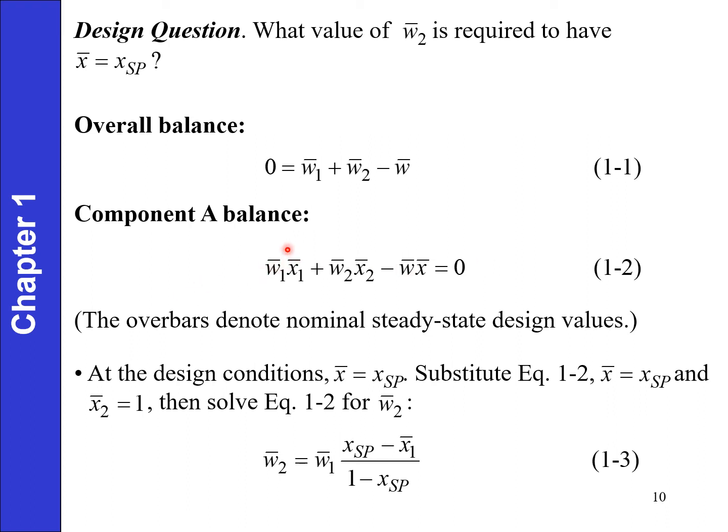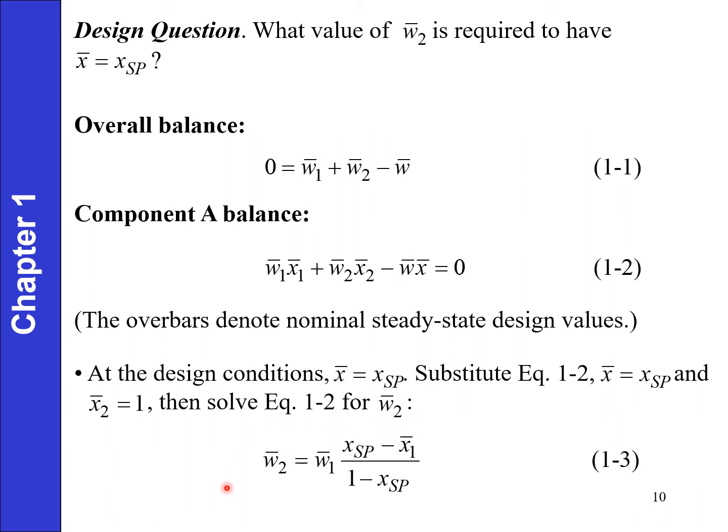The over bars denote the nominal steady state design value. So at the design condition, we get X bar equals X set point. Substitute equation 1, X bar equals X set point, and X2 bar equals 1. Then we solve equation 1 and this one to find the value of W2.